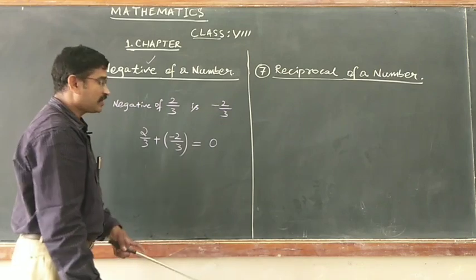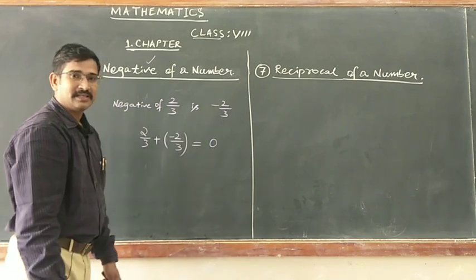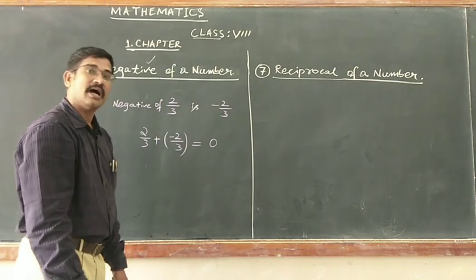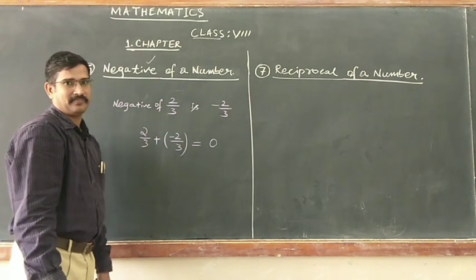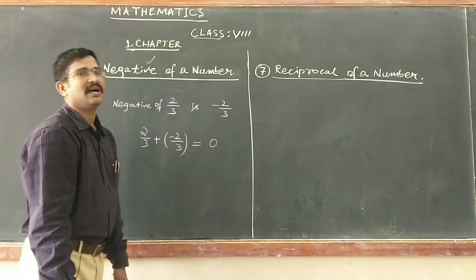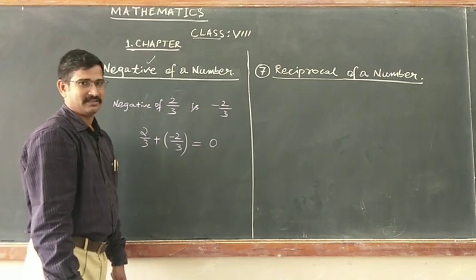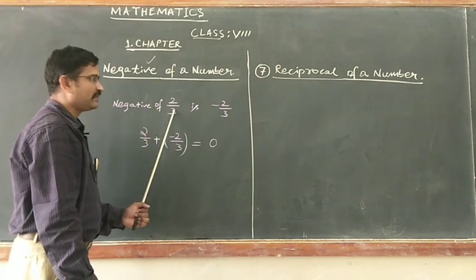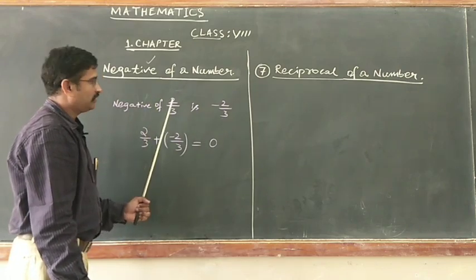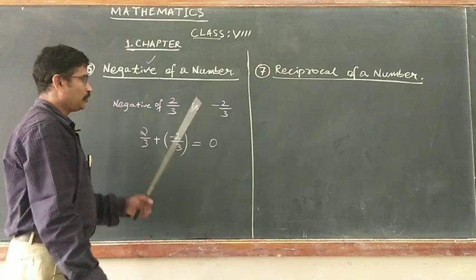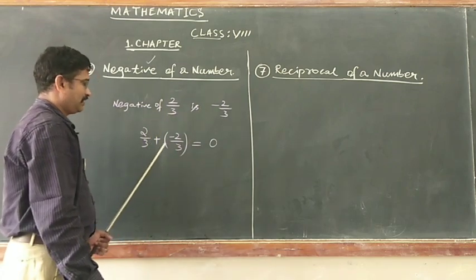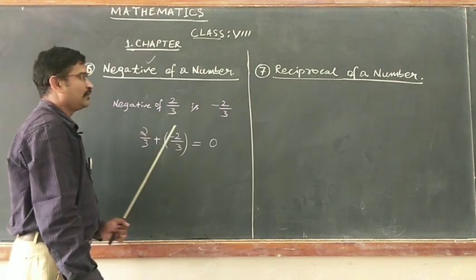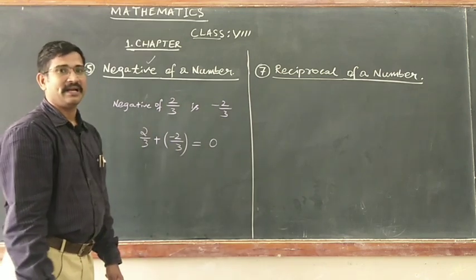You know what 0 is called in the rational number set? 0 is called the additive identity element. So, when I add negative of 2 by 3, that is minus 2 by 3, to it, it gives me the additive identity element.